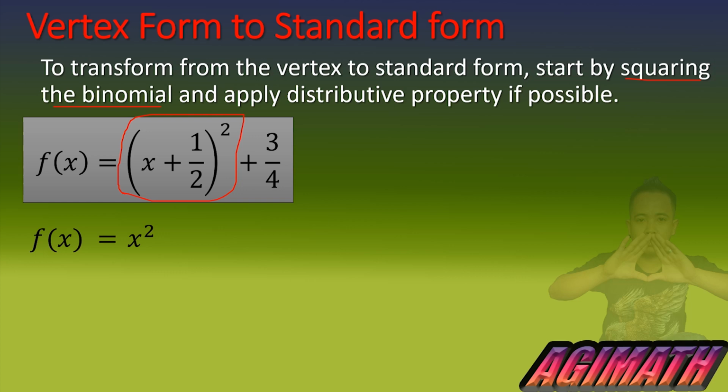And we are going to use the special product so that it will be fast. For the special product, you are going to square the first term. First term is x, so that is x squared. Next is plus. This is plus because this is plus.